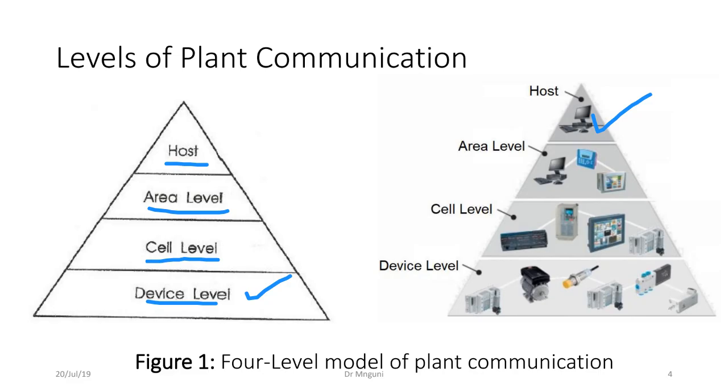Each level has a very important link to the previous level. The device level is the production level. As we move up the pyramid, management of production becomes the most vital component.